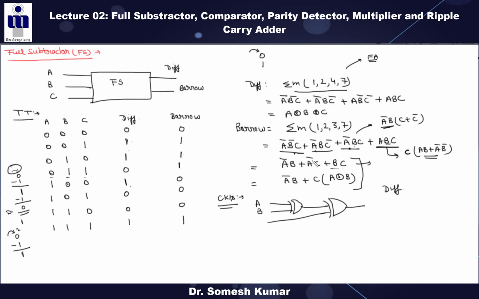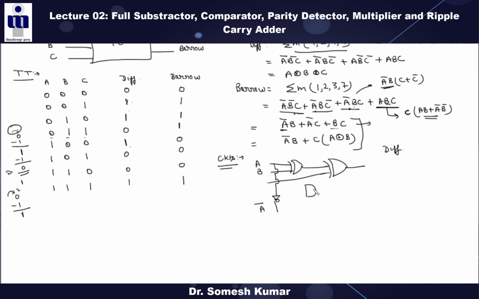Now go to this borrow, right? From here it is seen that the only difference is there is a NOT gate on the input A, right? And others are similar to your carry. So here I am taking the NOT gate, and it will give you the A bar, and then by using three AND gates and one XOR gate, you can find out the borrow, right?